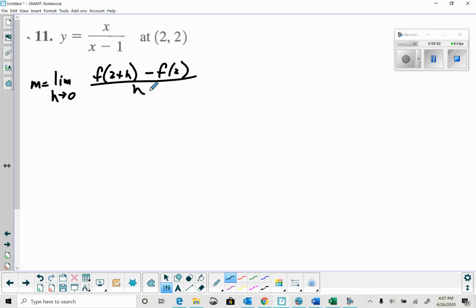Now, yay, fractions. We love fractions. Everywhere there's an x, we've got to substitute 2 plus h. So this becomes, in our lovely numerator here, (2 plus h) over (2 plus h minus 1), minus f of 2. Again, we know that's the y-coordinate of 2, all over h.